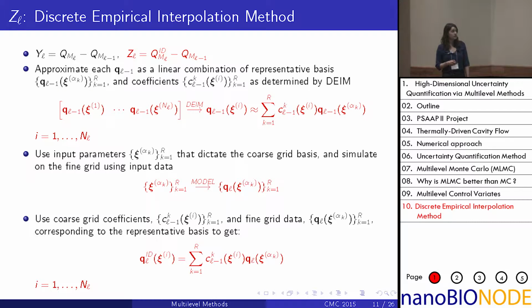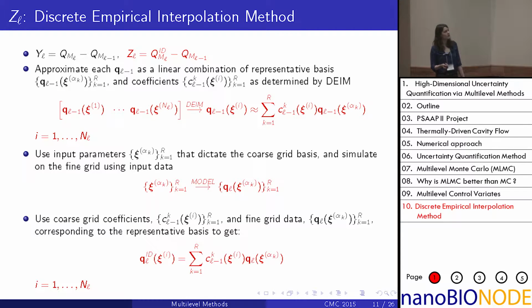Then we're going to use the coarse grid coefficients that we have from our first step and the fine grid data that we just got, our representative basis that we now have on our fine grid, and approximate all of our fine grid data using this linear combination of our coarse grid coefficients and our fine grid vectors, just capital R of them. Then we take the mean of these to get this capital Q. So that gives us Z.